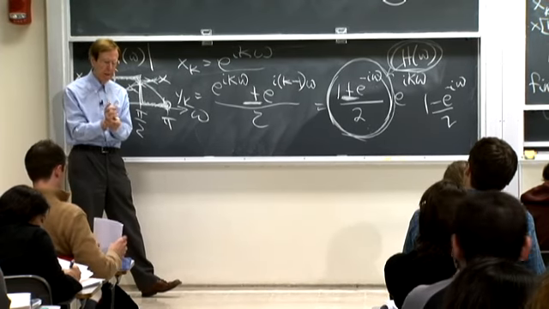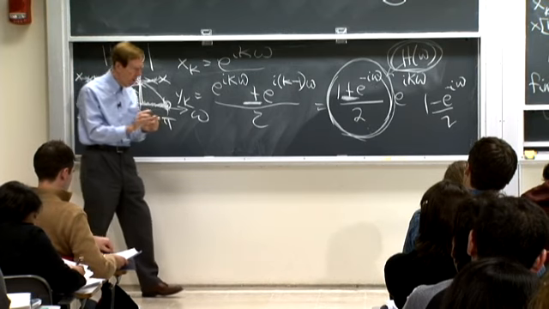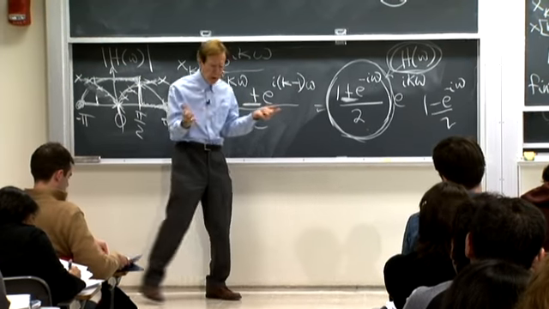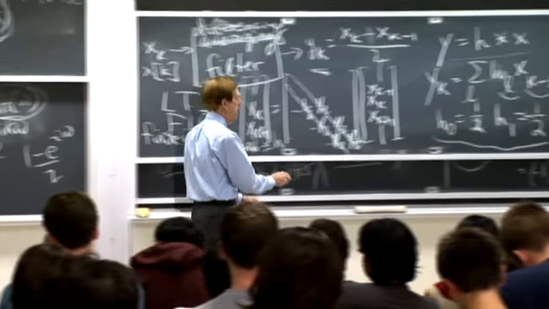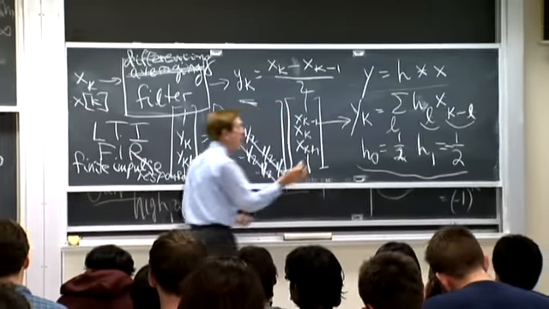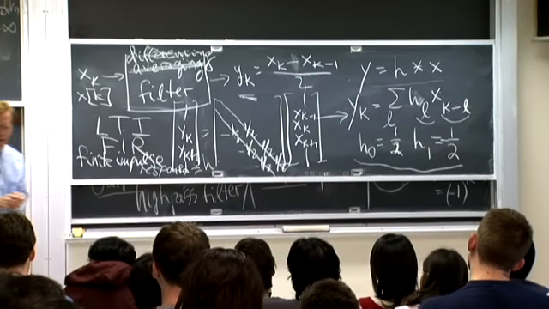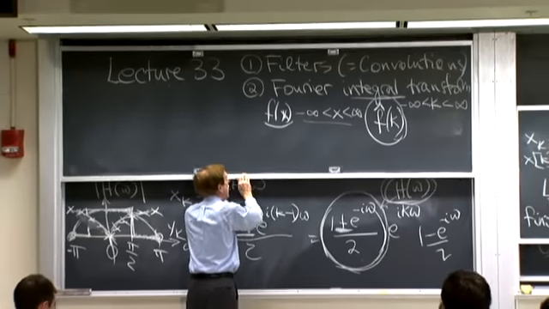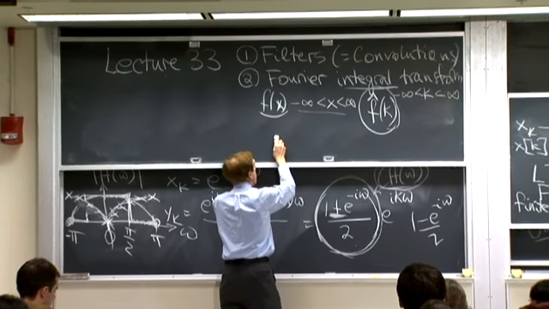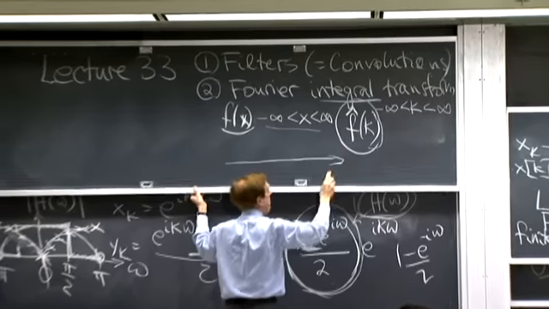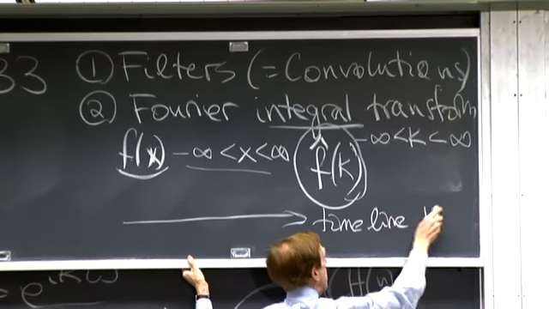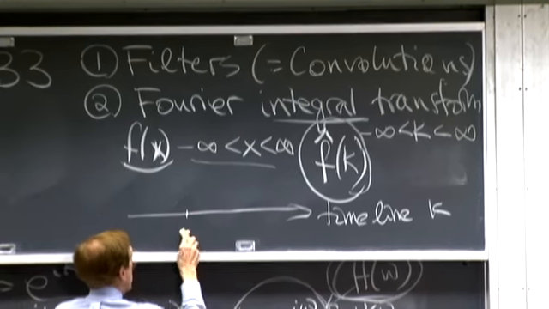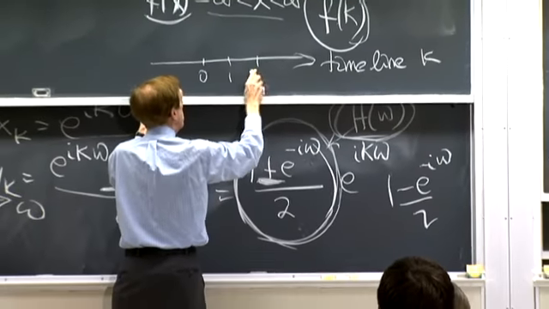And I think we need that, because up to now, convolution has been a formula. That's the formula for convolution. How do I visualize that? Here is the timeline, the different k's: k equals minus 1, 0, 1, 2.